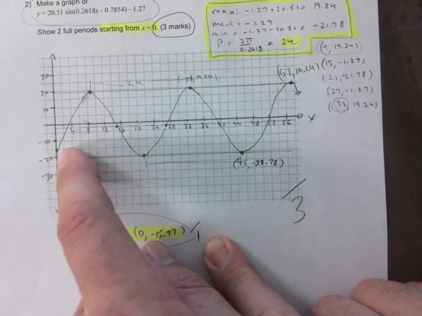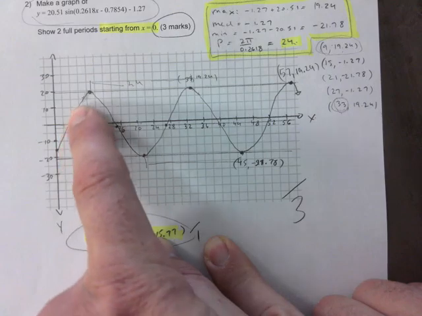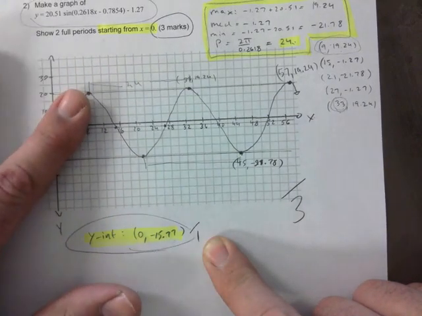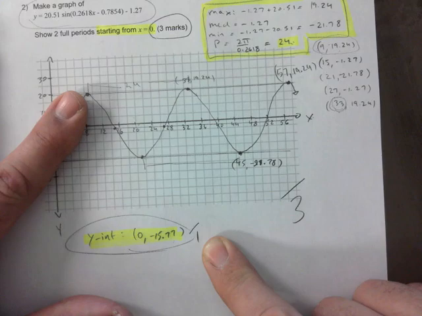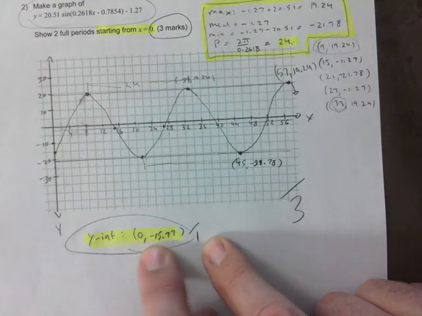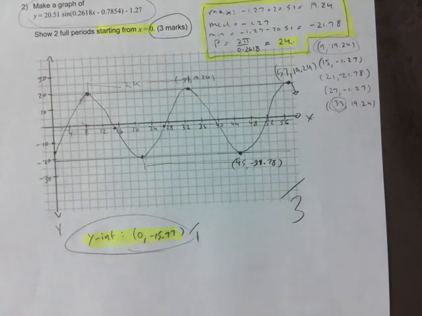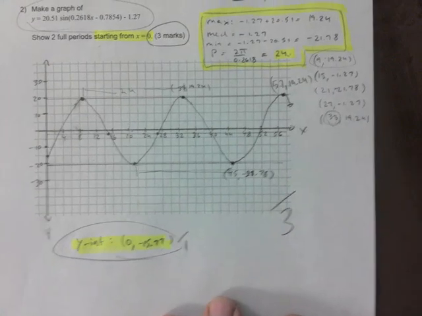If you don't actually have it there and start from there, then you lose the mark. So you don't have to actually state it. It just has to be on your graph. I appreciate those questions because sometimes what I'm trying to say doesn't get translated properly.